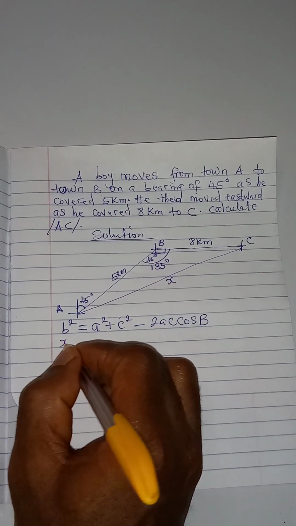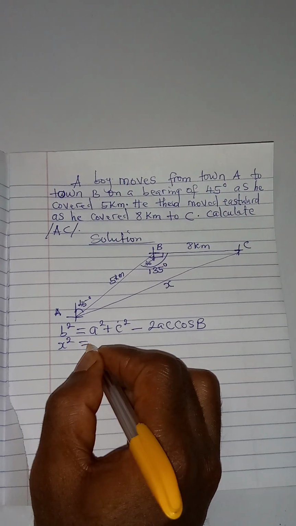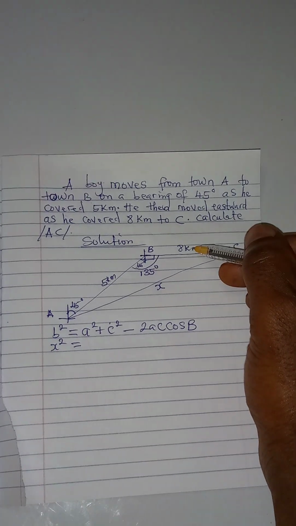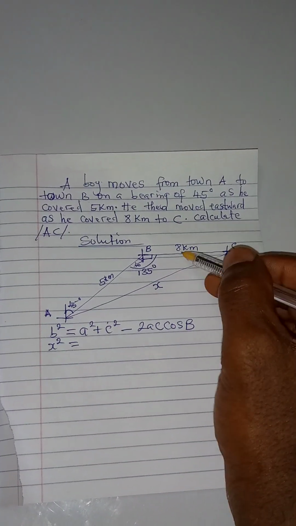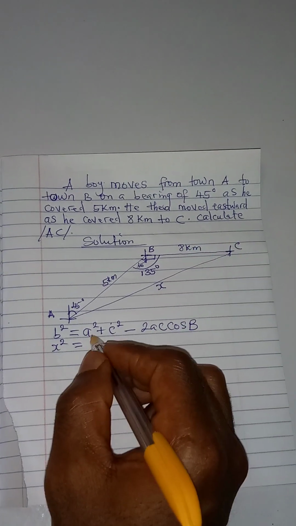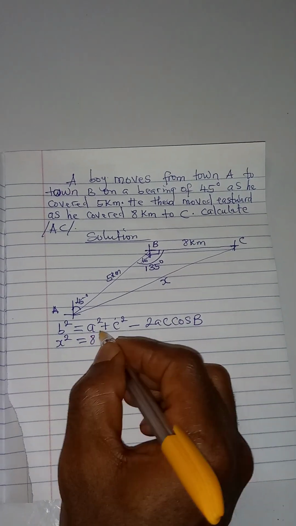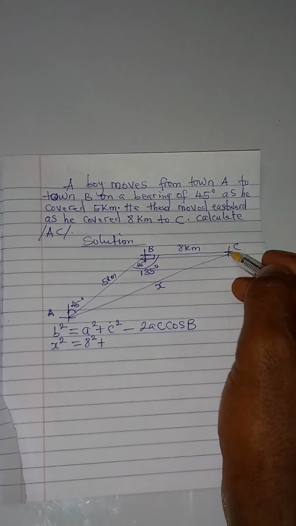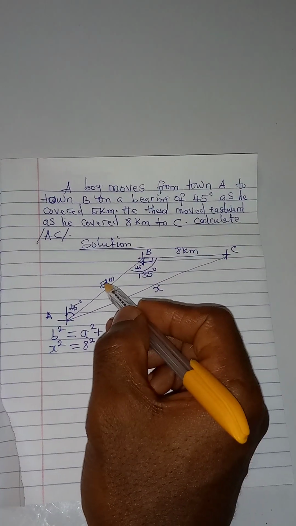So here I'll write x squared equal to, now this is the angle A, and the side opposite this angle A is 8 kilometers. So that means our a is 8 squared, then plus c, this is angle C, and the opposite is 5.